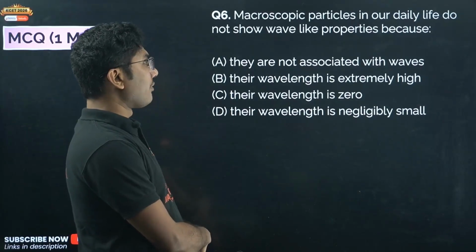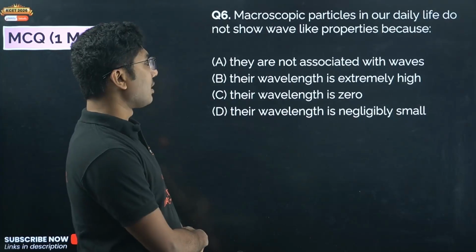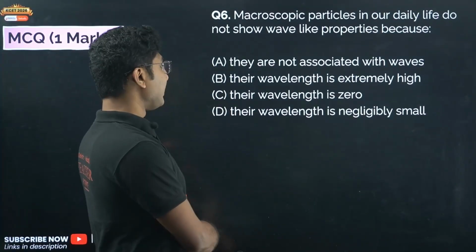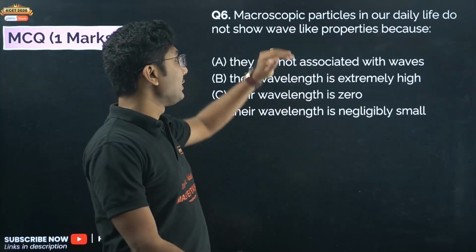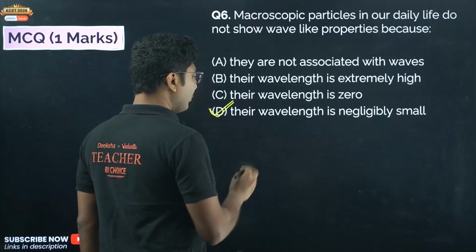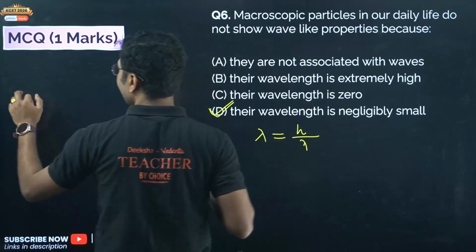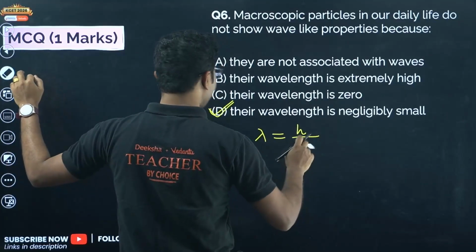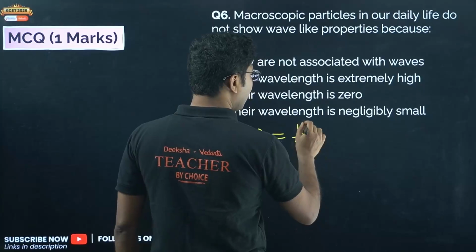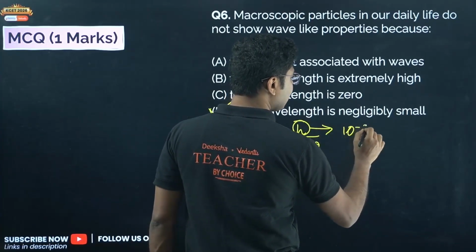Macroscopic particles in our daily life do not show wave-like properties because their wavelength is negligibly small. So in this case, the correct answer is that the wavelength is negligibly small. We know that wavelength is given by h by p. Even if you increase the velocity or mass or whatever it is, the problem is h. H is of the order of 10 to the power of minus 34.